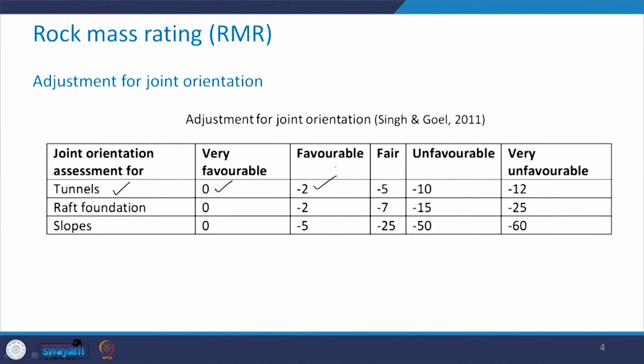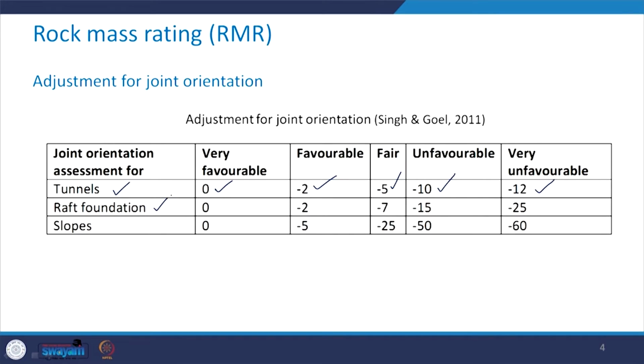If it is very favorable, then you do not need to apply any correction for the joint orientation. If it is favorable, then whatever RMR basic you have obtained minus 2 is going to give you the final RMR value. Likewise, you can see that for fair it is minus 5, for unfavorable condition it is minus 10, and for very unfavorable it is minus 12.